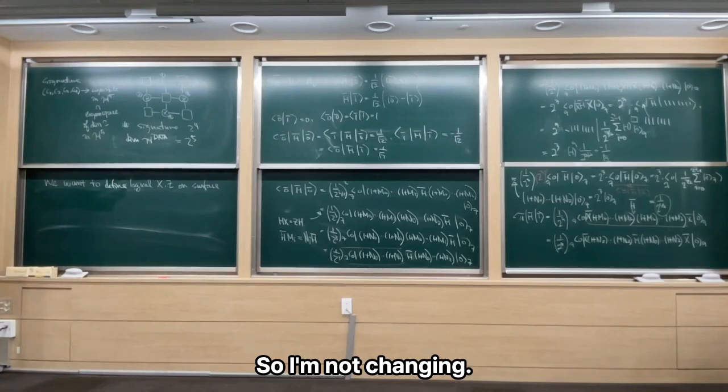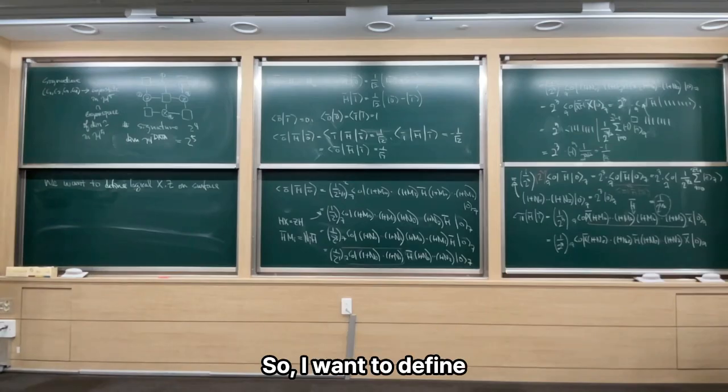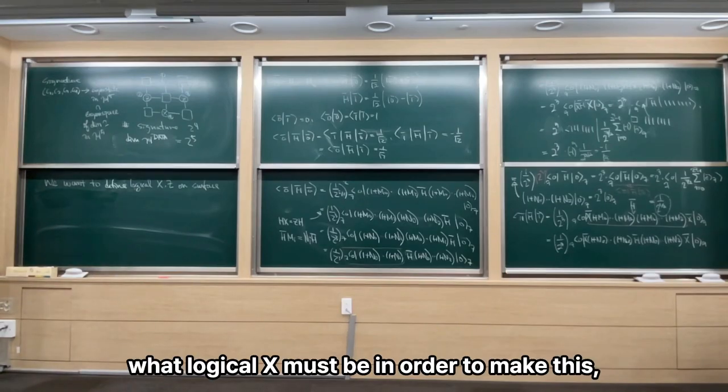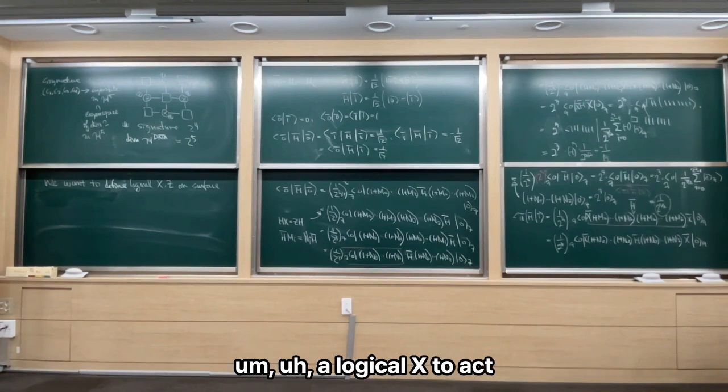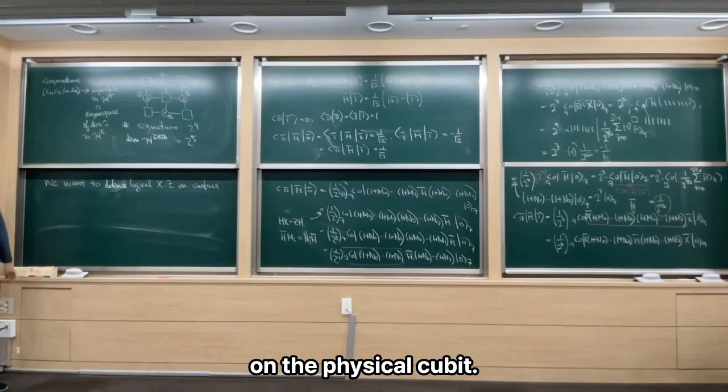So I'm not changing anything, so it's not the same as just applying an X gate on a specific qubit. I want to define what logical X must be so that it acts as if it's the physical X gate on a physical qubit.